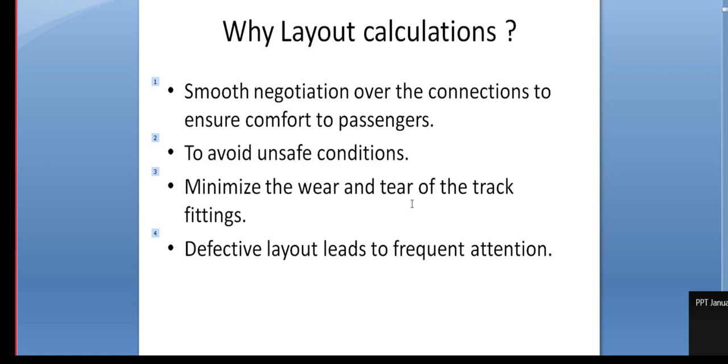Even though we do machine packing, every time we correct the alignment, because of the improper layout, it keeps running out. That means the position will go back to the original alignment. There will always be misalignment. If so, what will happen when trains run at sectional speed over the point? There will be a lot of jerk, jolting, knocking.